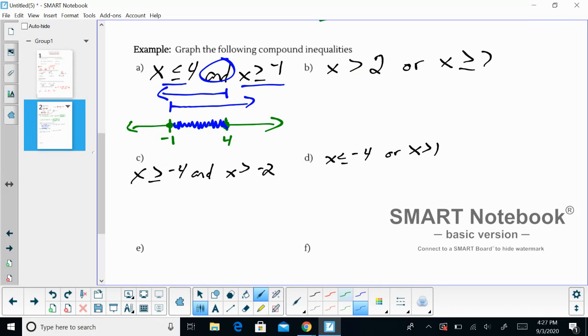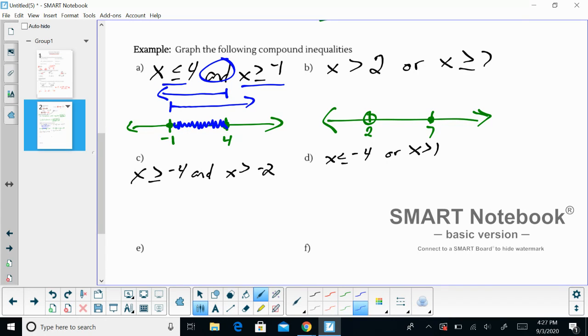Let's try an or problem this time. Again, I'm going to draw my number line. Now, which is bigger, 2 or 7? 7's bigger, so it goes on the right-hand side, 2 on the left-hand side. Open circle or closed circle for my 2? That's going to be an open circle. Open or closed for the 7? A closed circle.